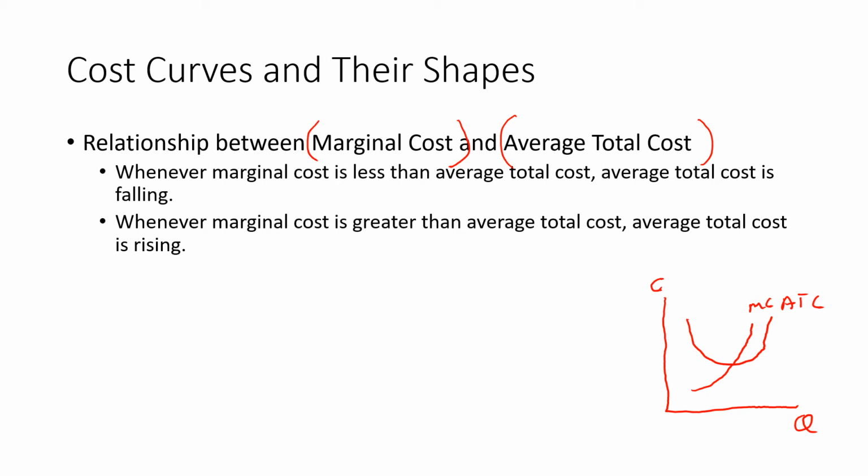Now, what we want to explain here is that when quantity is, let's say, at this point where the average total cost is greater than the marginal cost, at these points, when the marginal cost is less than the average total cost, the average will fall, the average will move downward.